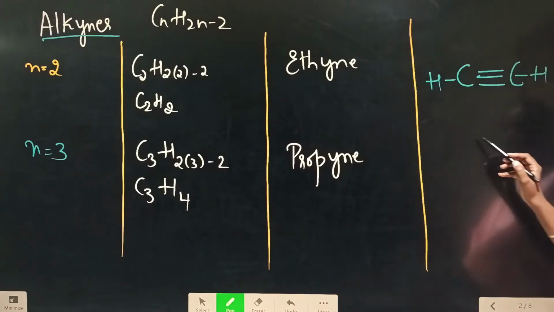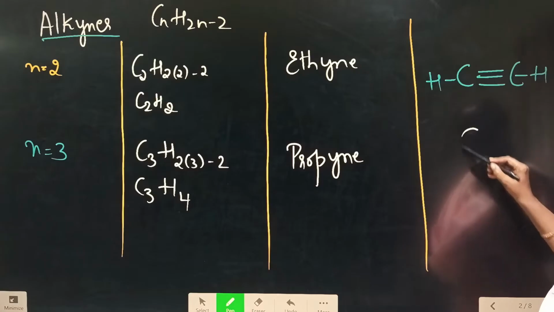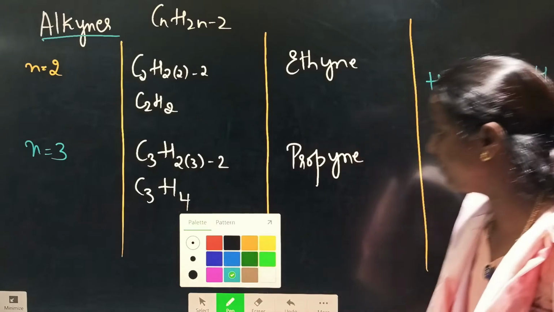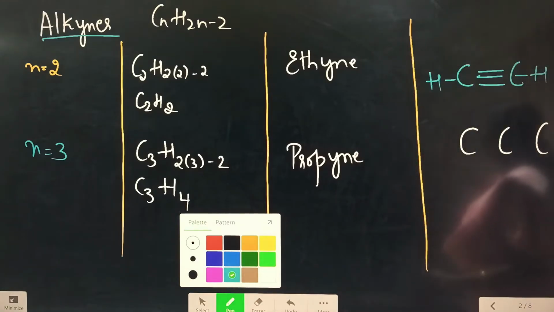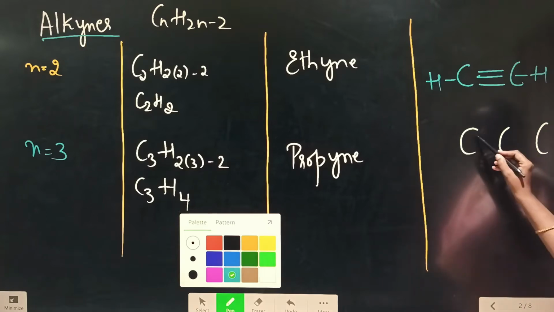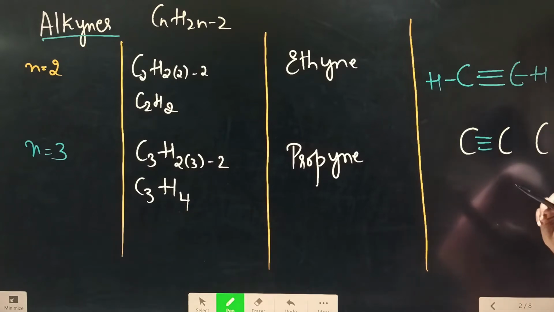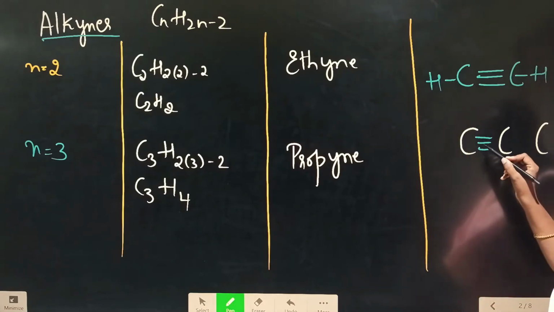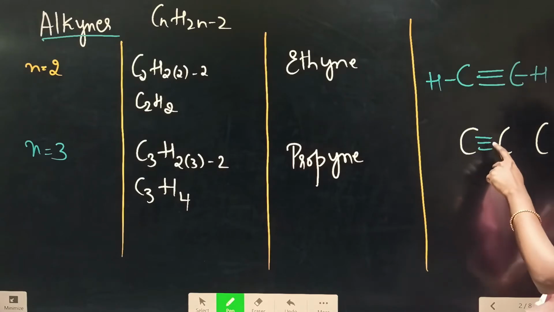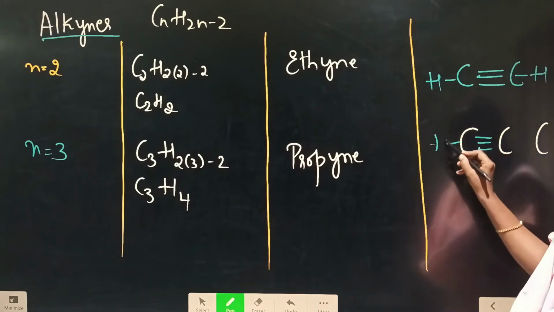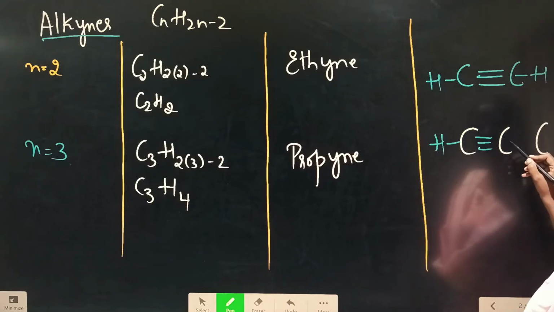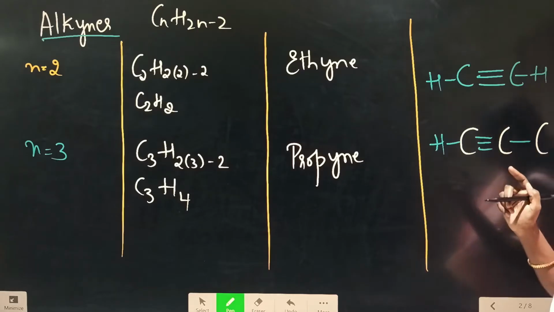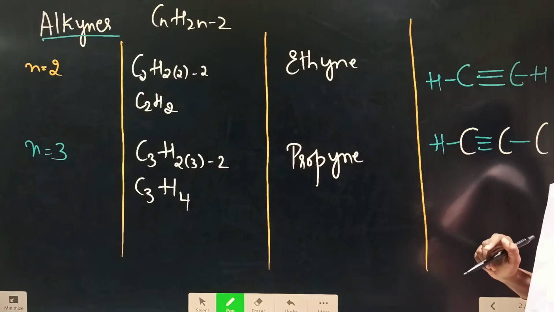Then when I draw the structural formula, 3 C are there. Any 2 of the carbon atoms must have a triple bond, not all the C, as we did in the alkenes. Now consider this C, already 3 bonds are there, so we give 1 H. This C also has a triple bond and is also bonded with the other C, so it already has 4 bonds and needs no hydrogen atom.